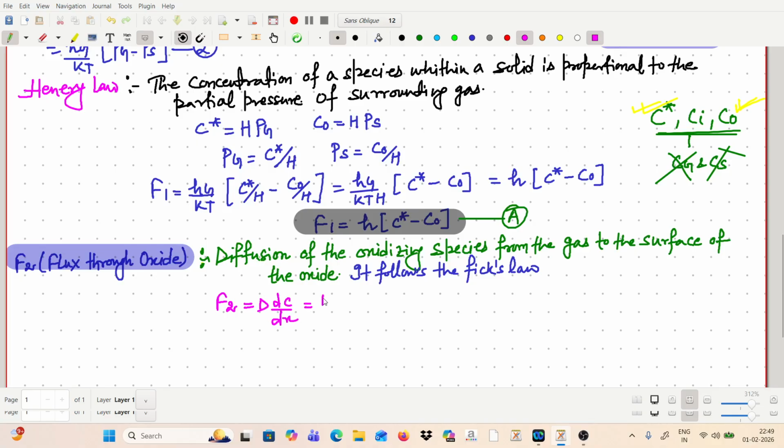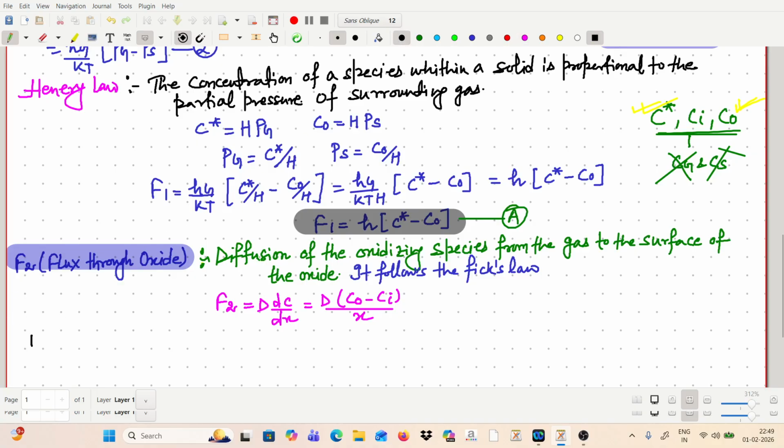The concentration change is C naught to Ci over the width, and the change in width is x. So D times C naught minus Ci by x, where this F2 is nothing but simply the movement of oxidant through the existing oxide layer.